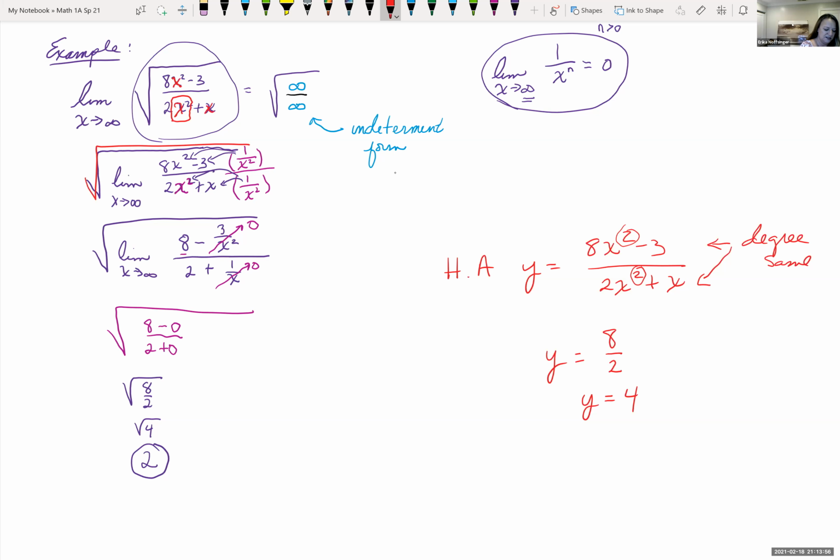So I know that I have an end behavior when x goes to infinity of 4, and now I'm going to take the square root of that, which gets me back to 2. So there are 2 ways to look at it. This method of dividing by the variable raised to the highest power is sometimes beneficial and helpful to do. Does that answer your question, Tim?